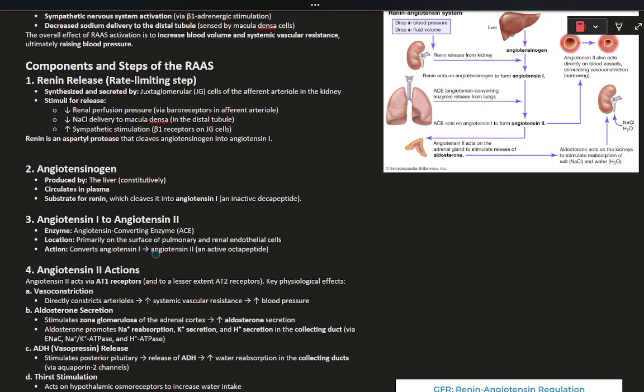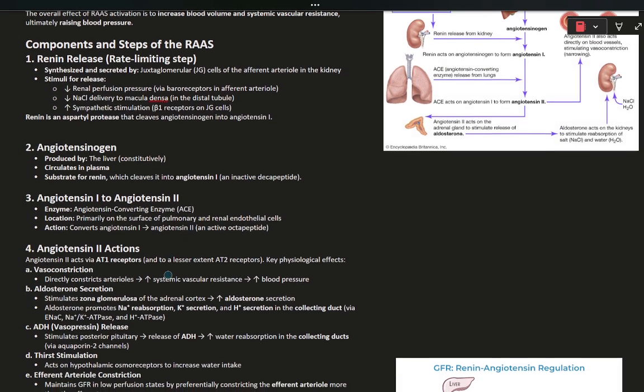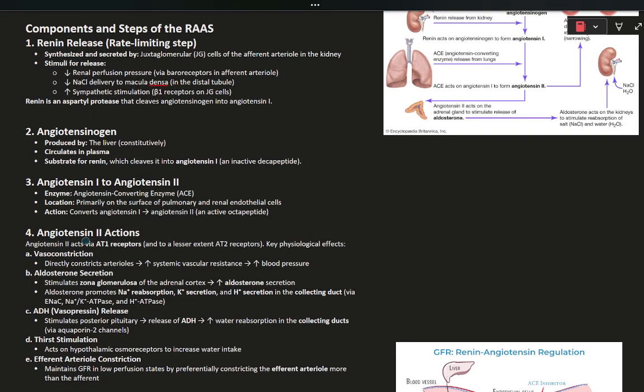So once we have angiotensin 2 produced, it can carry out multiple actions. For starters, angiotensin 2 acts via the AT1 receptors, and sometimes to a lesser extent the AT2 receptors.